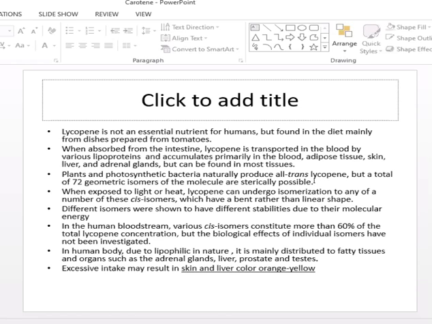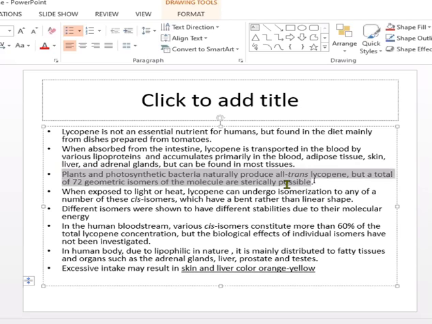When absorbed from the intestine, lycopene is transported in the blood by various lipoproteins and accumulates primarily in adipose tissue, skin, liver, and adrenal glands, but can be found in most tissues. Plants and photosynthetic bacteria naturally produce all-trans lycopene, but a total of 72 geometric isomers of the molecule are theoretically possible.